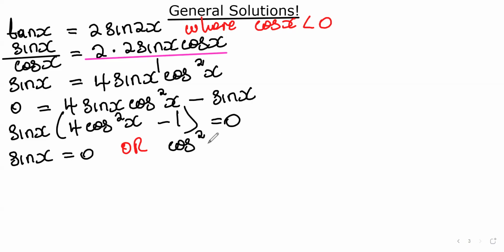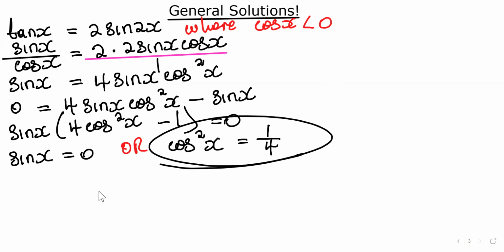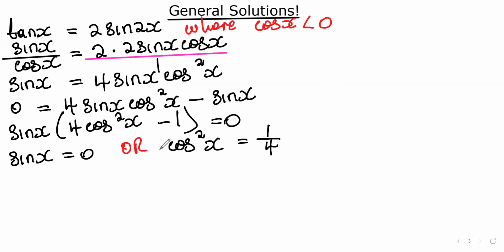But since you are no longer eating milk, you are now eating solid food. It means you're going to agree with me if I say cos squared x is equal to a quarter, all right? I want you to look at what is going to happen here. If you apply the square root on both sides, I think it makes perfect sense for me to write this one here.